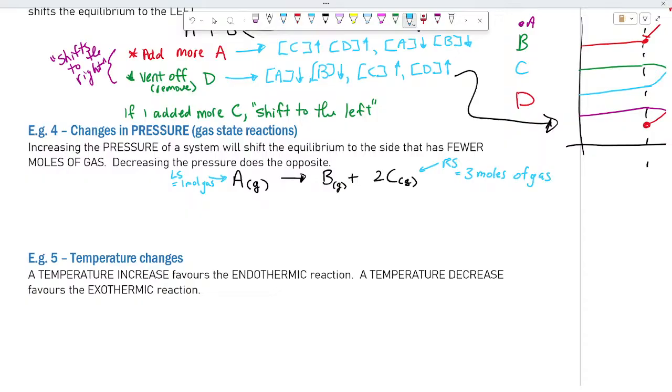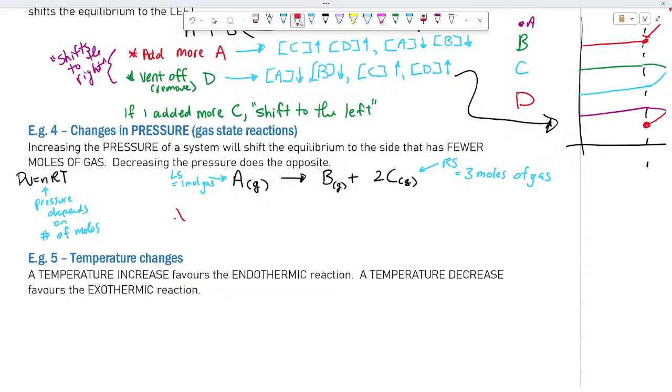But we know that PV equals nRT. It doesn't matter what gas it is. Pressure depends directly on how much gas. Now, if this has reached equilibrium, all right, this has reached equilibrium.